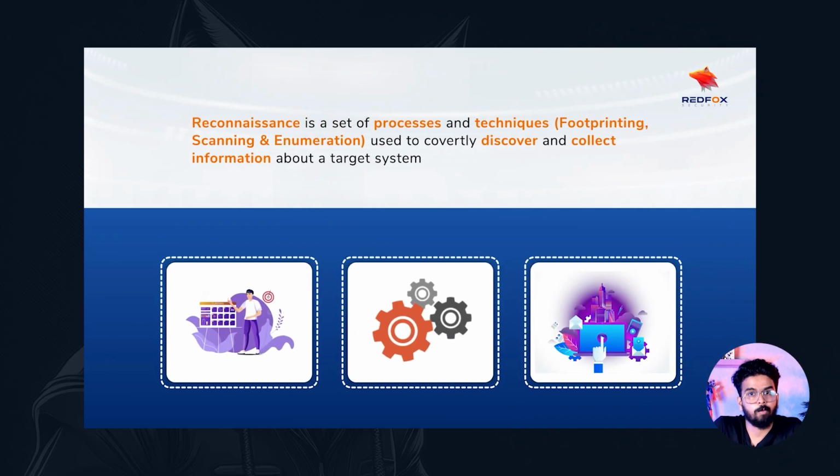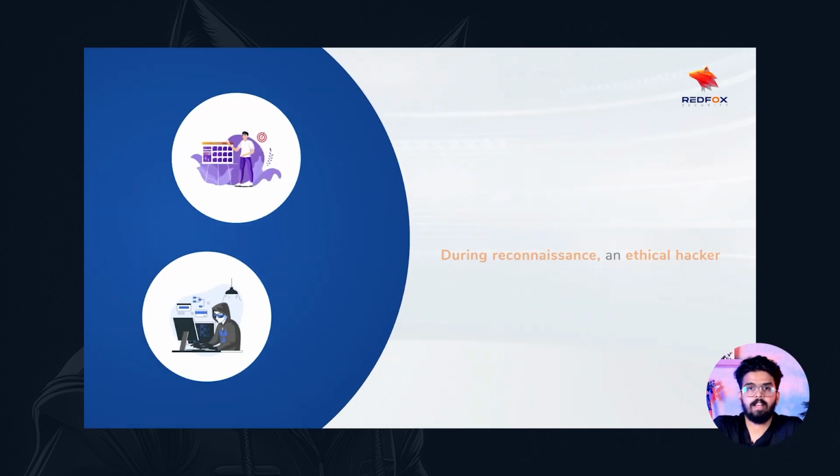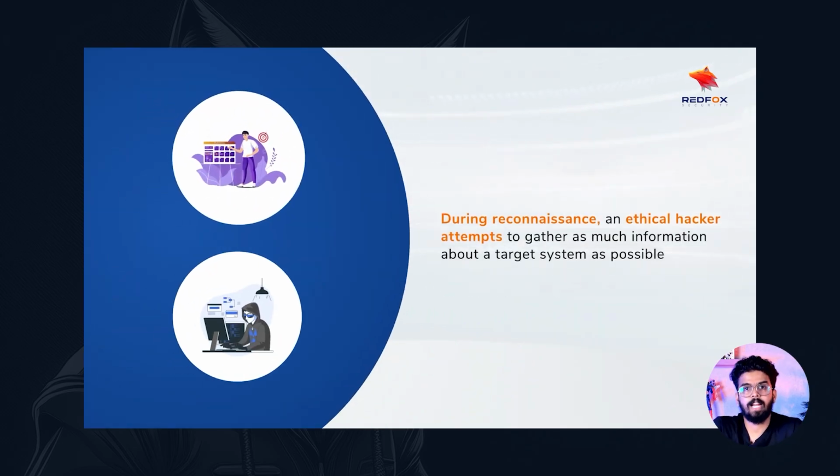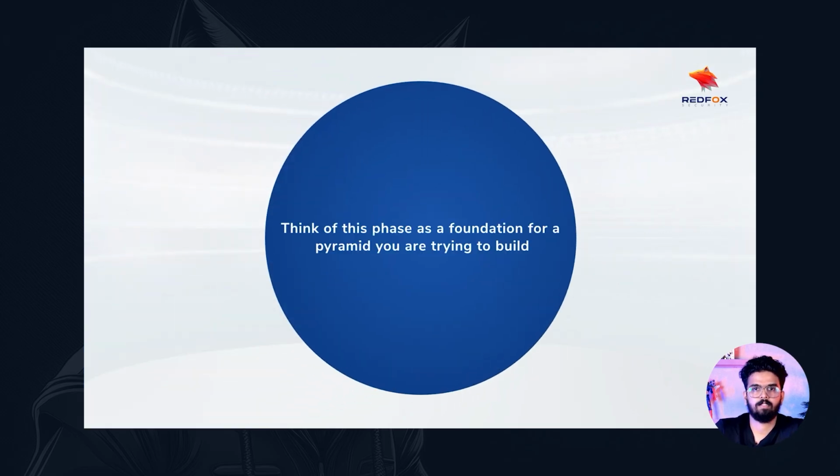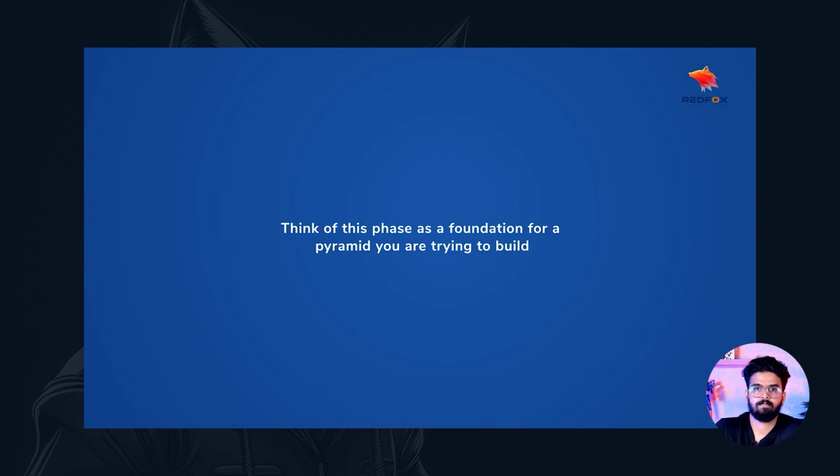Reconnaissance is a part of processes and techniques, footprinting, scanning, and enumeration used to covertly discover and collect information about a target system. During reconnaissance, an ethical hacker attempts to gather as much information about a target system as possible. Think of this phase as the foundation for a pyramid you are trying to build.